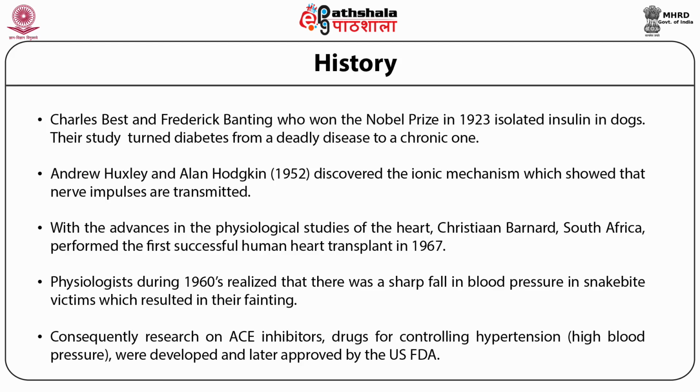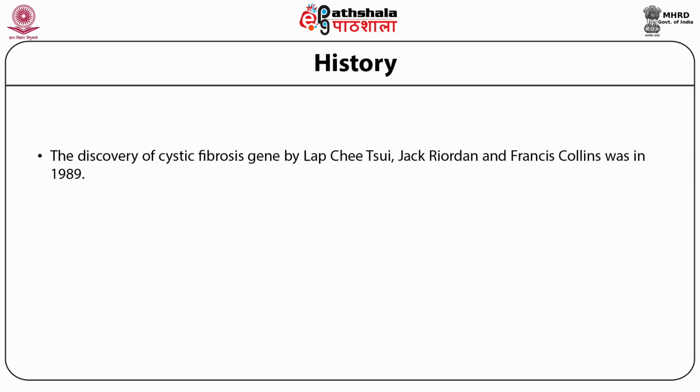Consequently, research on ACE inhibitors, drugs for controlling hypertension, that is high blood pressure, was developed and later approved by the US FDA. The discovery of the cystic fibrosis gene by Lap-Chee Tsui, Jack Riordan, and Francis Collins was done in 1989.